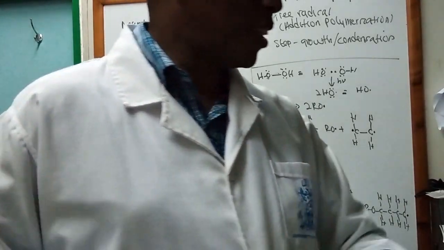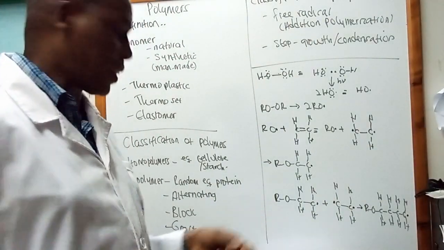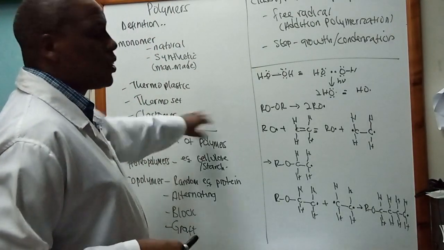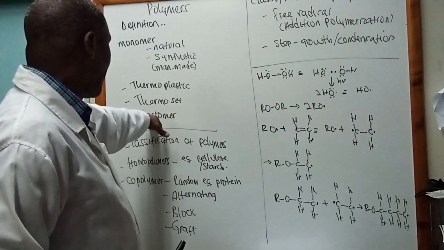Vulcanization, as it's called, lets you make use of it for tires and the rest. So there are the elastomers, which can stretch, and once you release them, they get back to the original shape.